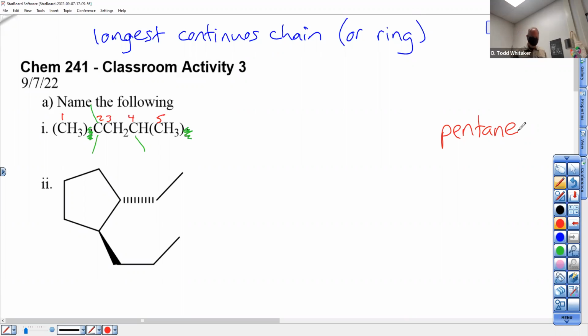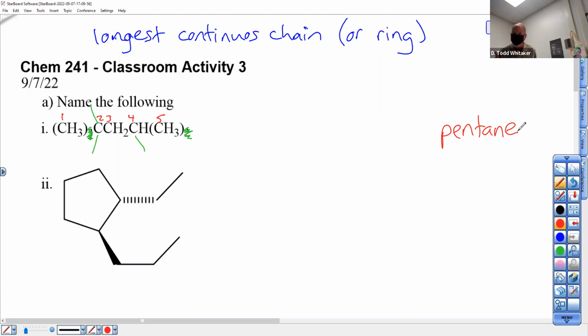Okay? And then groups. What's a group? Well, you numbered 5 carbons here, right? All the carbons that didn't get a number are groups attached to the chain. And there's 2 groups on 2, and there's another group on 4, those green sticks. And the name of the group, when it's a 1-carbon group, it's not methane anymore.